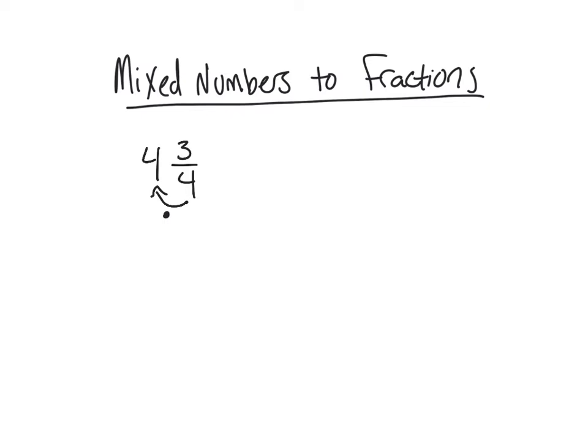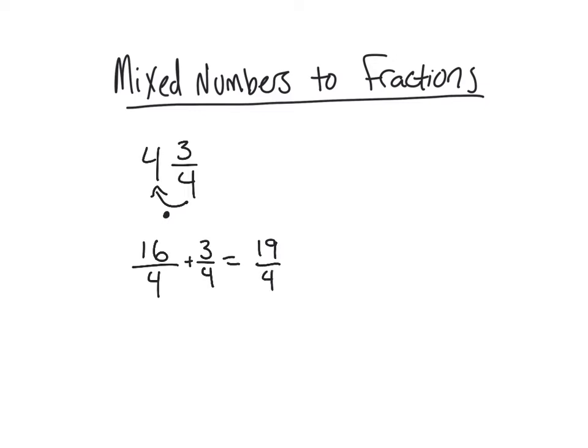In this case, there are 16 fourths in 4 wholes. So 4 wholes equals 16 fourths, and then we also had this 3/4 here, and so we know that the total is going to be 19 fourths.